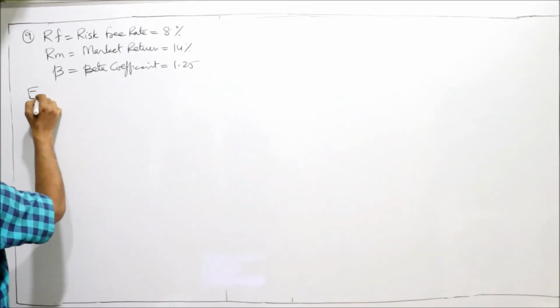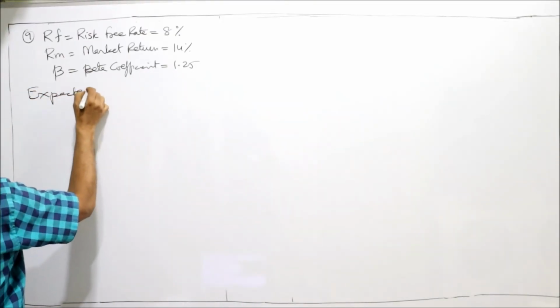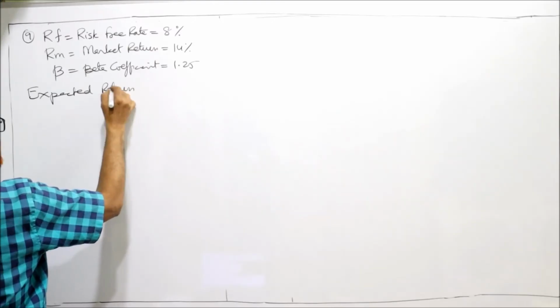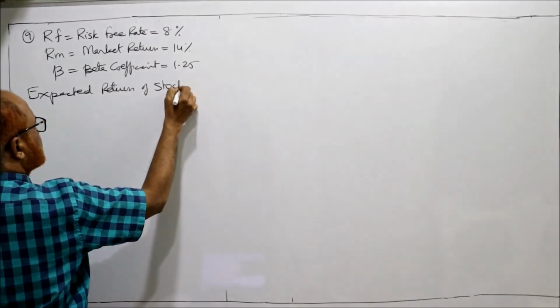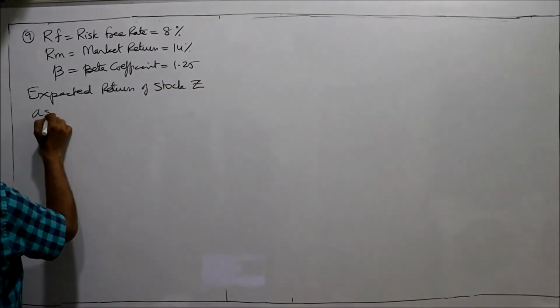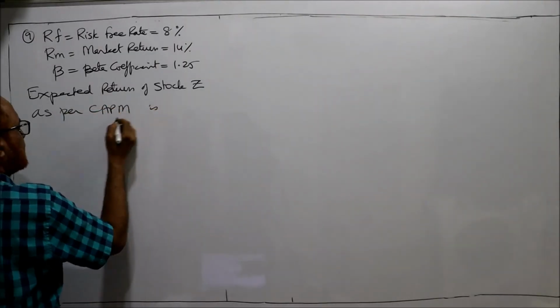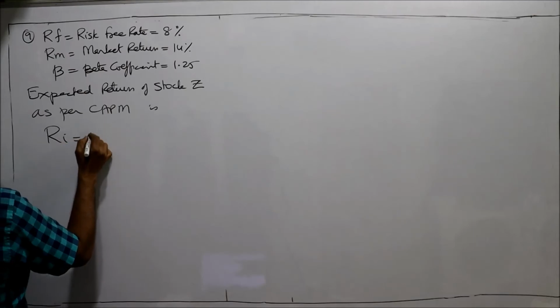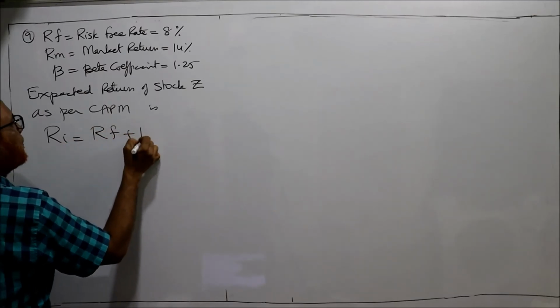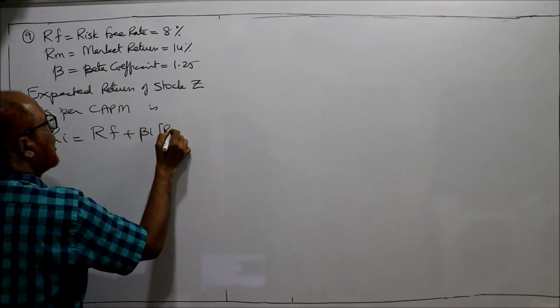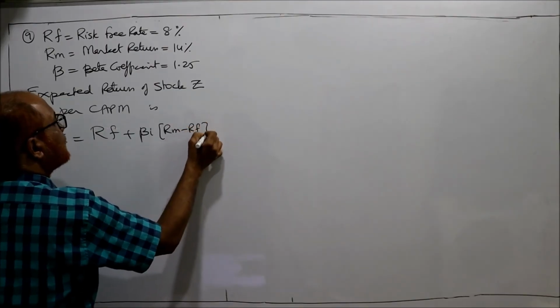तो expected return of stock Z as per CAPM is RI is equal to RF plus beta I into RM minus RF.